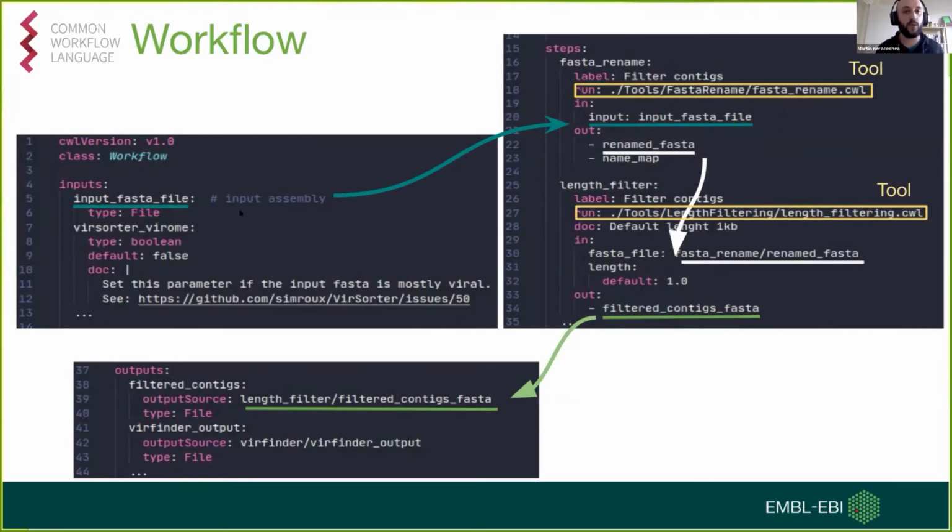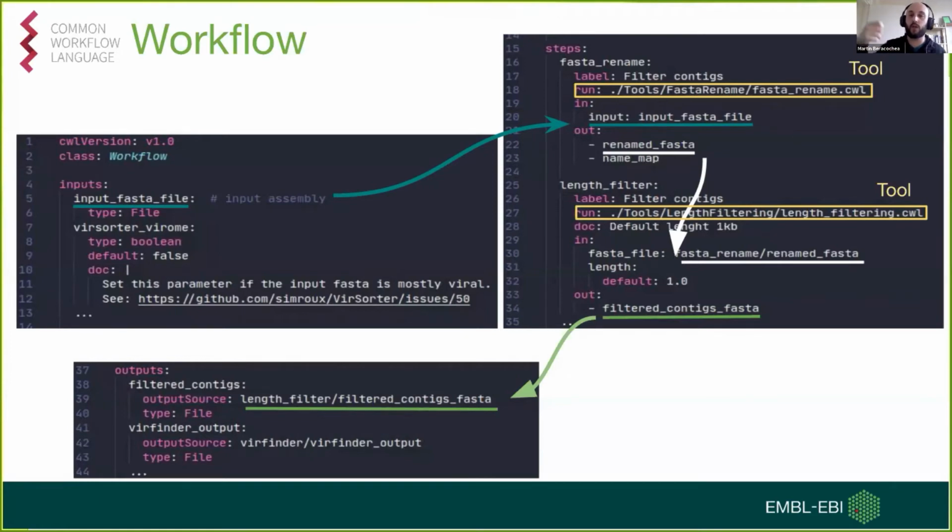For example, in this one, in the input section, you see that this one receives an input FASTA file, and then a flag called build_sorted_bam that is a Boolean, so it's true or false. And then you will feed those input files to the different steps. And then basically you connect the different steps using the different outputs of the different steps.